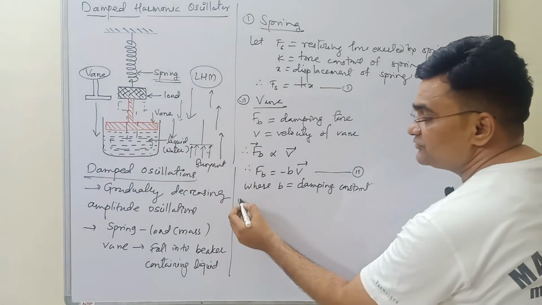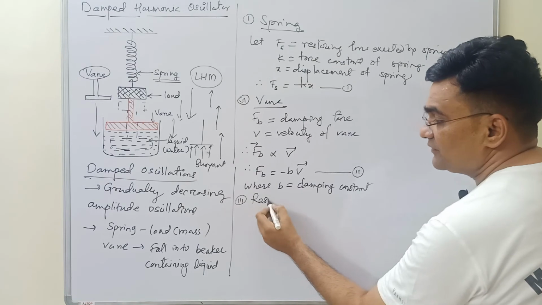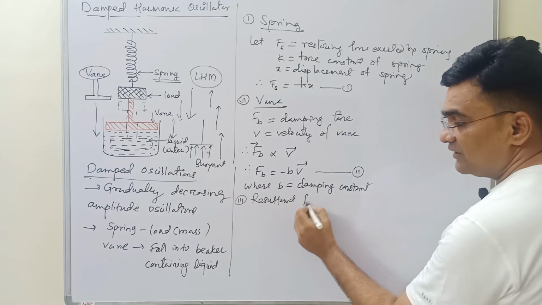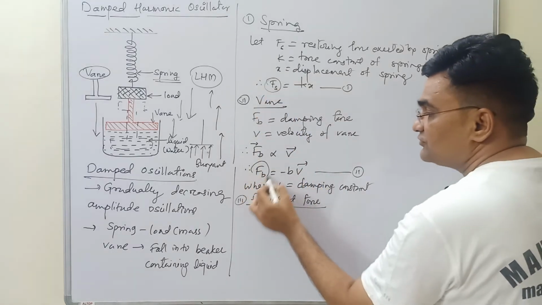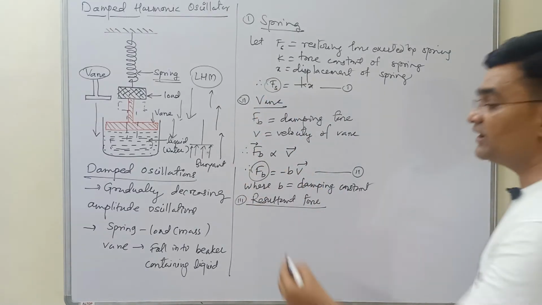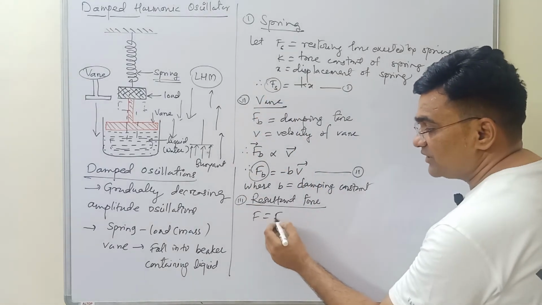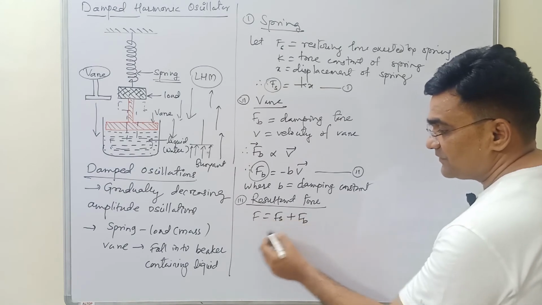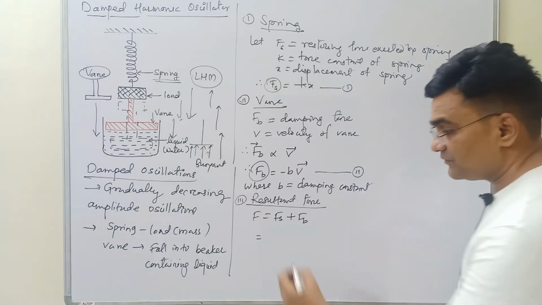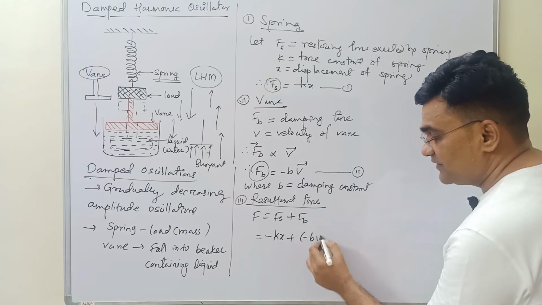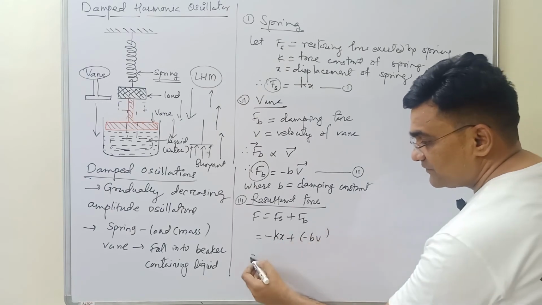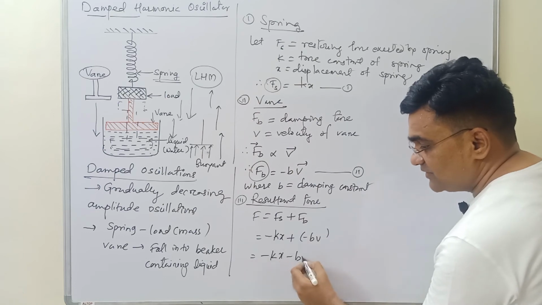The third case I consider is the resultant force acting on the entire system. The resultant force will be the sum of these two forces, so F equals Fs plus Fb. Substituting the value of Fs, it is minus Kx minus bv.